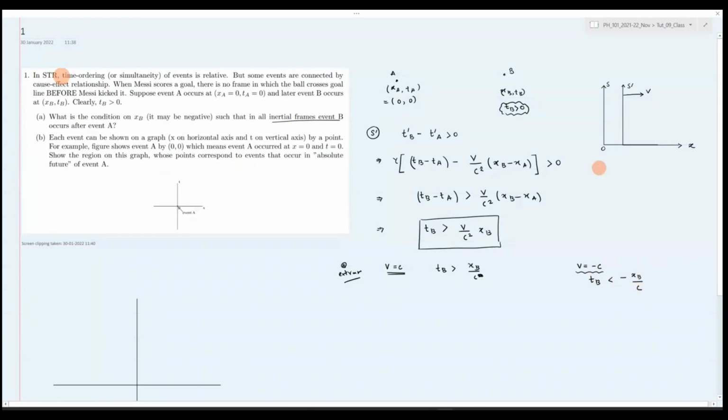This will happen when our xb is less than 0, and this will happen when our xb is greater than 0. Like if our B point is somewhere here, when xb is greater than 0, then the frame should be moving along this direction. And if our xb is in the negative direction, then our frame should be moving along this direction.